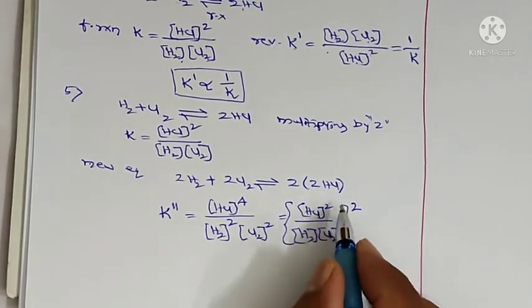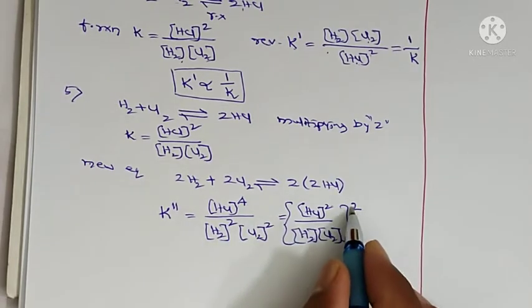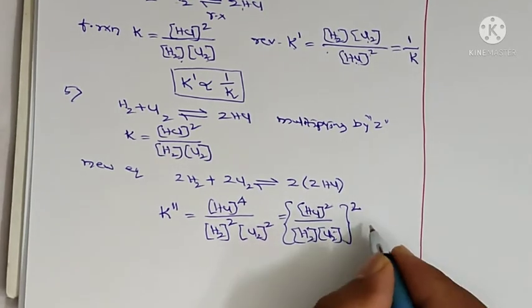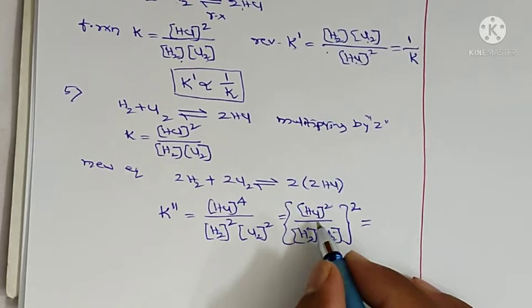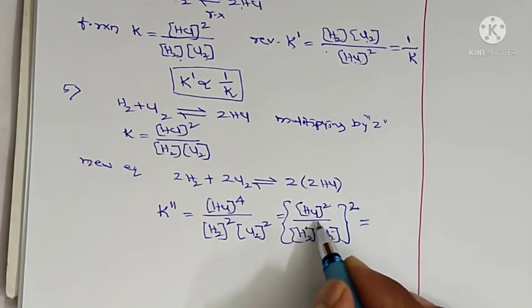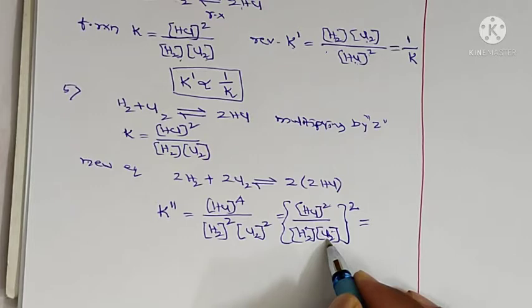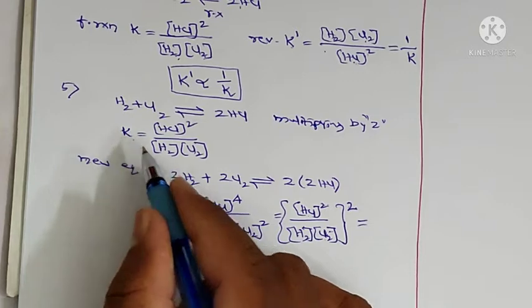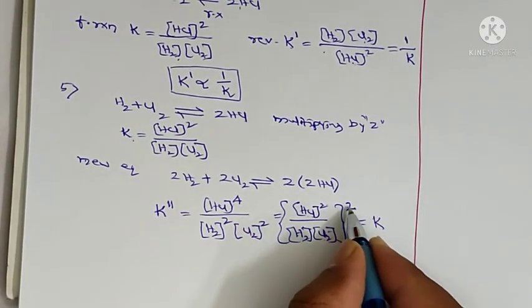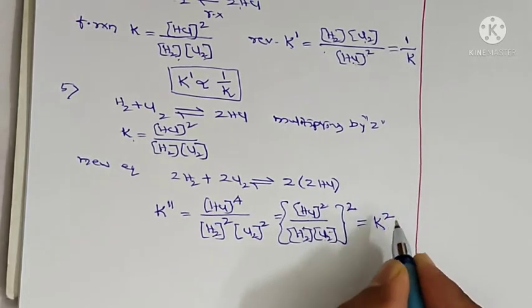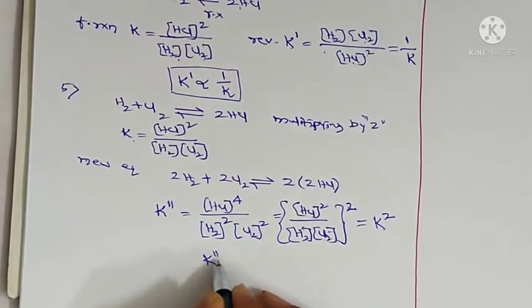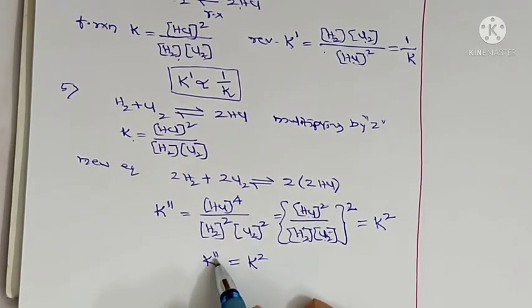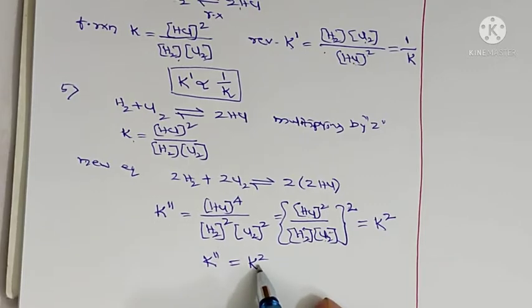It is equal to this because here 2 into 2 is 4, and here H2 power 2 and Cl2 power 2. That is HCl power 2 divided by H2 concentration and Cl2 concentration, which is equal to K. Then we can take K power 2. So K double dash is equal to K power 2. So the new equation is related to the original one.